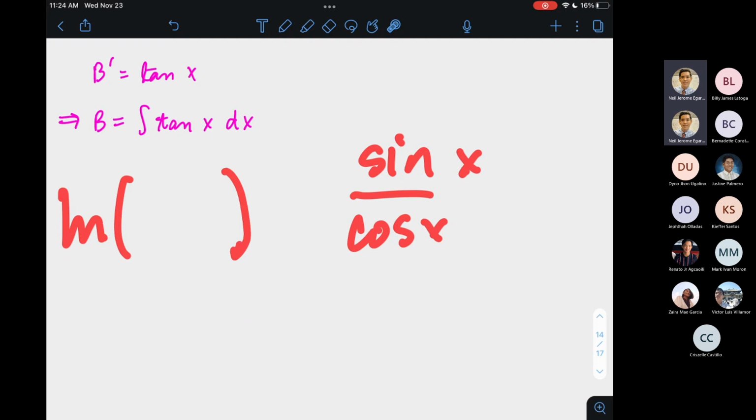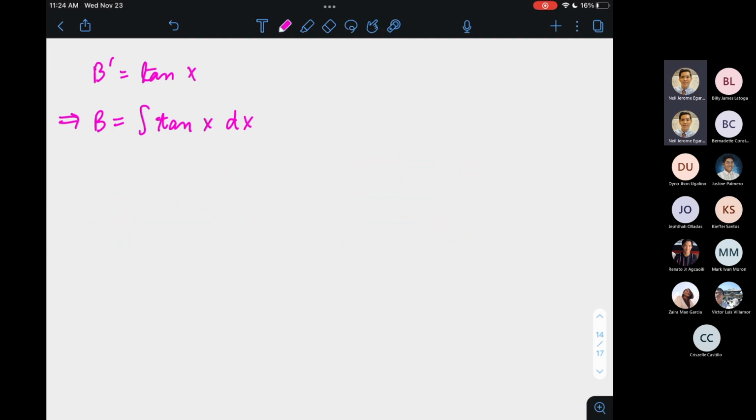ln of what? It should have cosine x, because the derivative of ln cosine x is 1 over cosine x times the derivative of cosine, which is negative. So we need a negative sign in front. Okay. So this would be negative ln of the absolute value of cosine x plus c. Right? But again, we are looking for a particular solution.